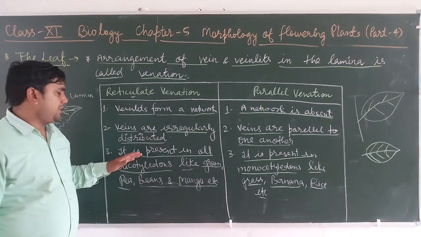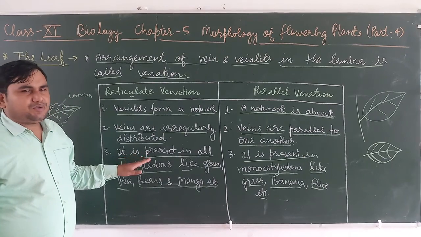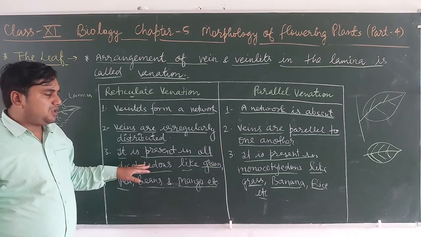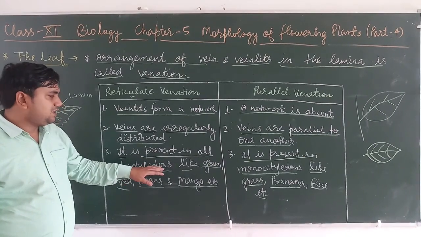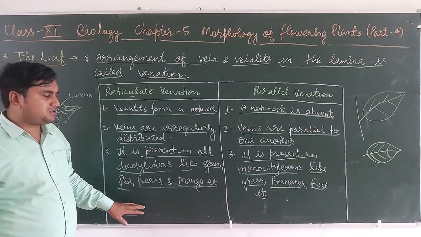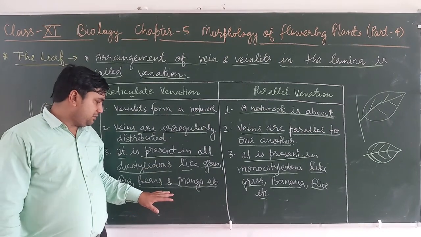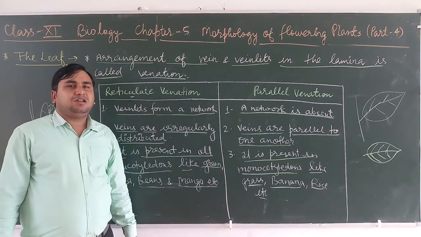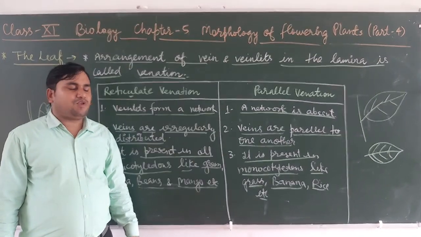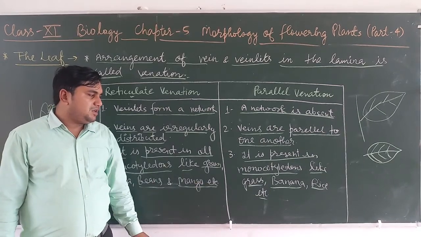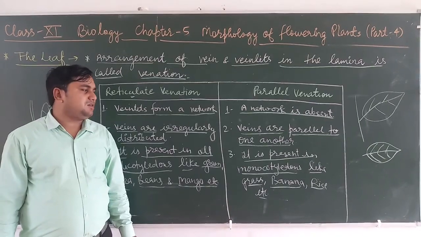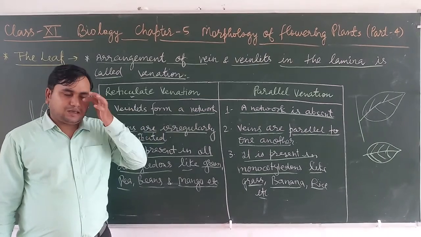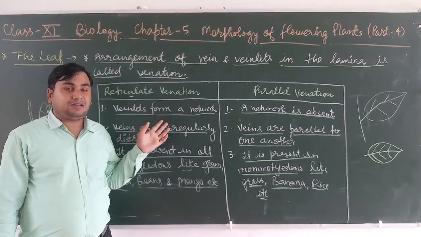Reticulate venation is present in dicotyledons like gram, pea, mango, etc., and parallel venation is present in monocotyledons, that is grass, banana, rice, etc. This is about venation and its types.